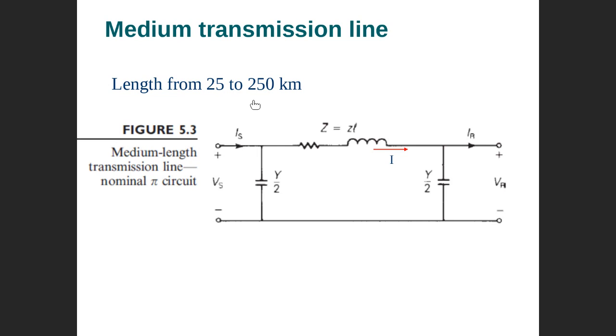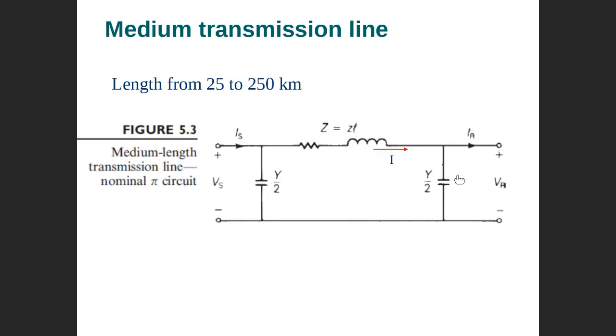When we say medium or short or long transmission line, as we will see later, the long transmission line means we are going close to what? To exact. If 1 or 2% is insignificant, that will be maybe a short transmission line. If you want exact, then we need to include the branches here, the admittance.